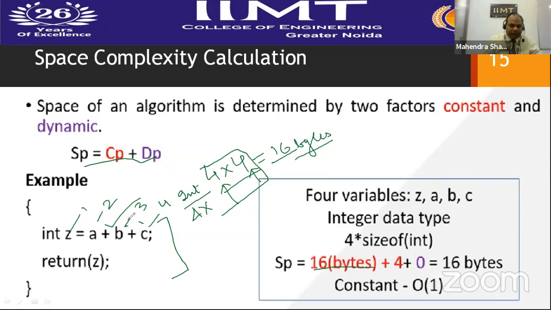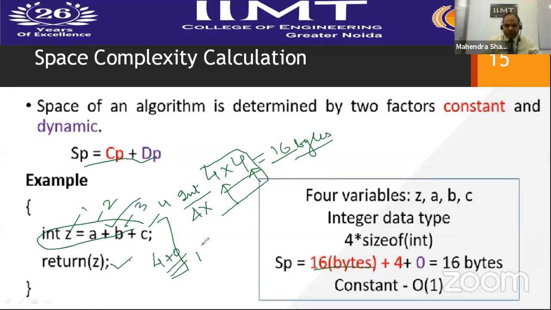So this line will require a space of 16 plus, for return Z, how many variables are there? 0. And what is the size? 4. So 4 multiplied by 0.